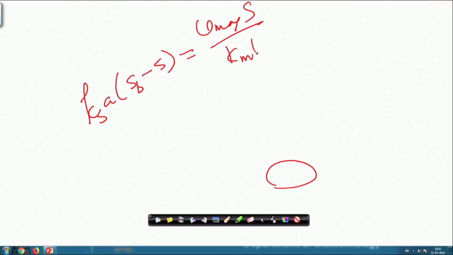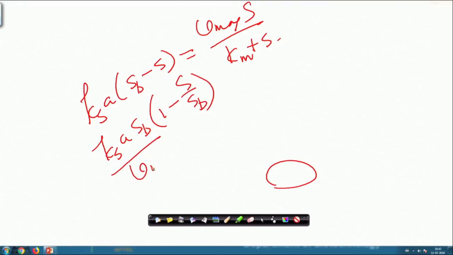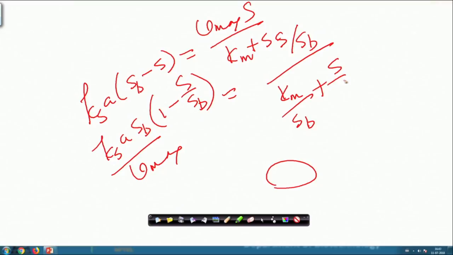Am I right? Now if you do that, Ks A (Sb minus S) equal to Vmax S divided by (Km plus S). And what I can write is Ks A Sb, if I take it common, S by Sb, and Vmax I can take here, and this is equal to S by Sb divided by Km by Sb plus S by Sb.